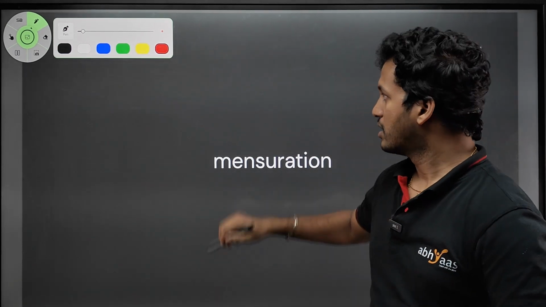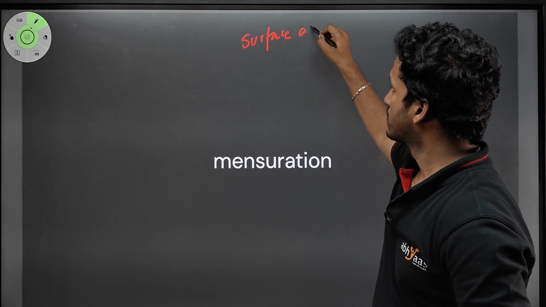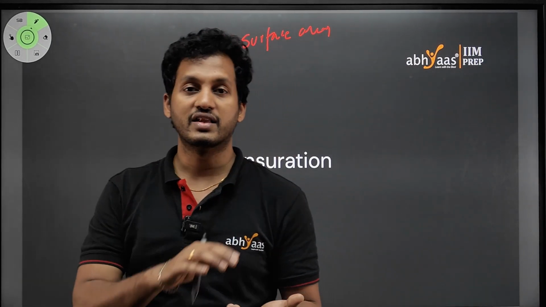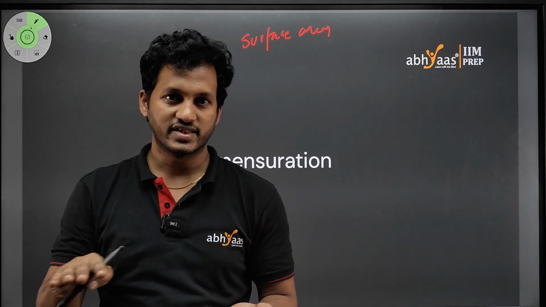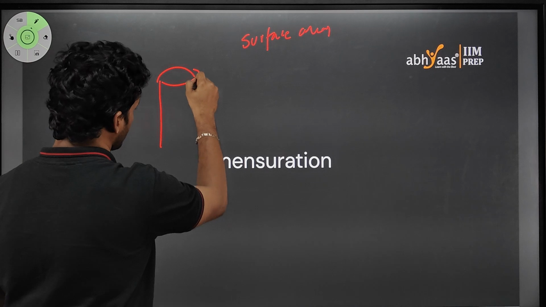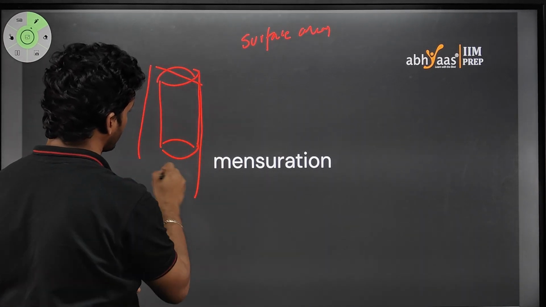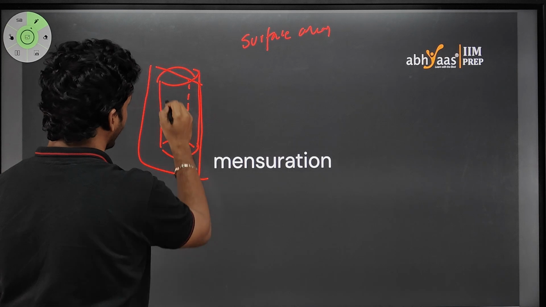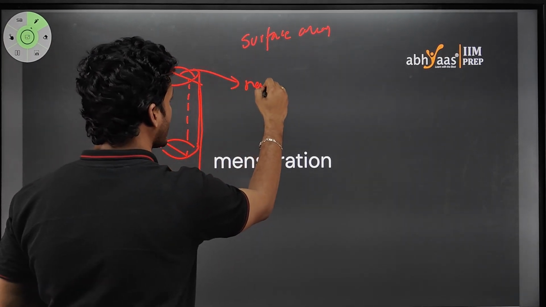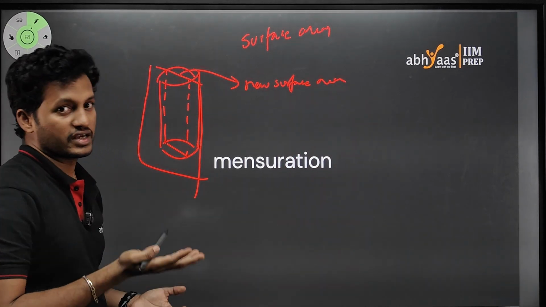So mensuration will ask you surface areas. Okay, surface areas of a shape when it has been intersected or cross-sected. For example, if a log has been cross-sected in this way, lateral cross-section, then what would be the new surface area increase?